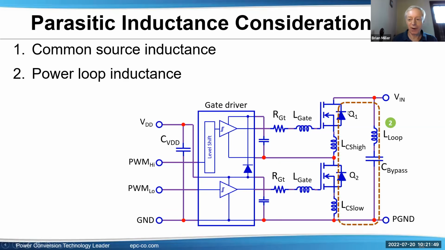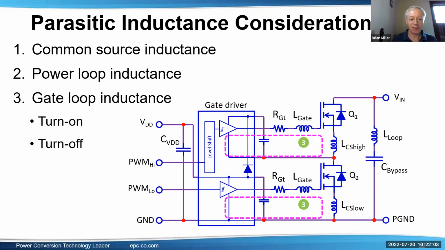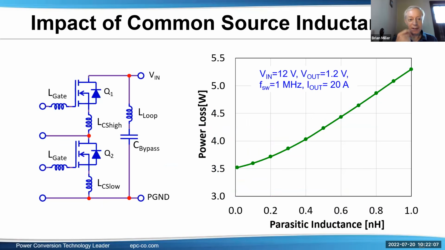Power loop inductance, the red dashed line, is important to look at also. And the gate loop inductance, for both turn on and turn off too. So just to look at the common source inductance, the one right here, what difference does it make?